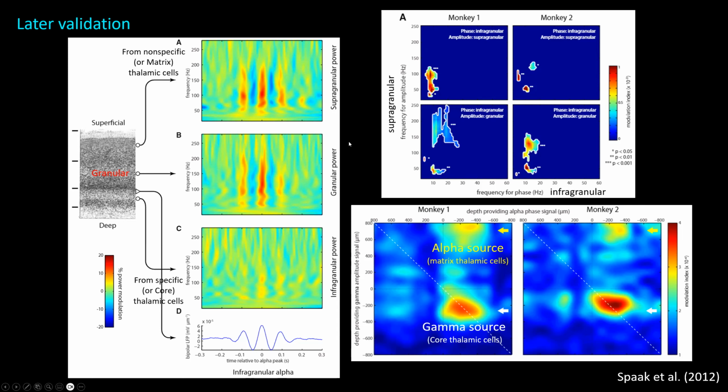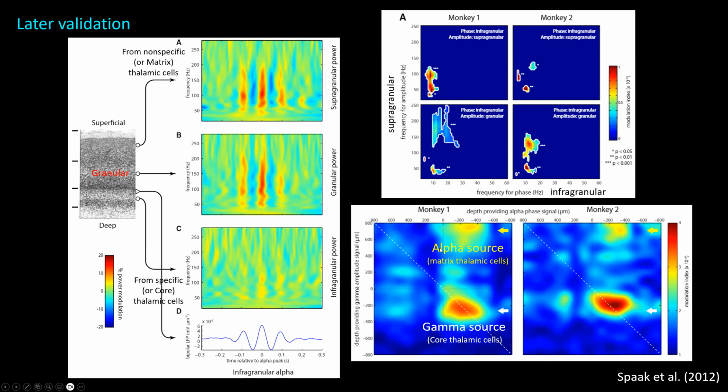And what they found was that this phase-amplitude coupling comes from the superficial layers and not the deep layers. So there are those layer-specific activities and modulations, and those layers, which I will explain later, are differentially controlled by the thalamic connections.